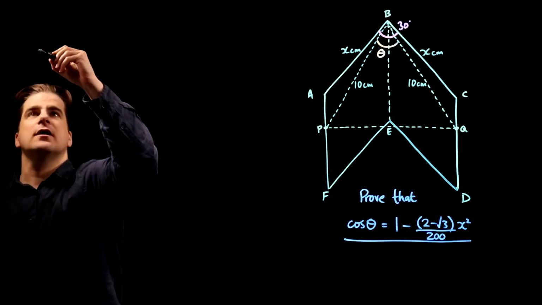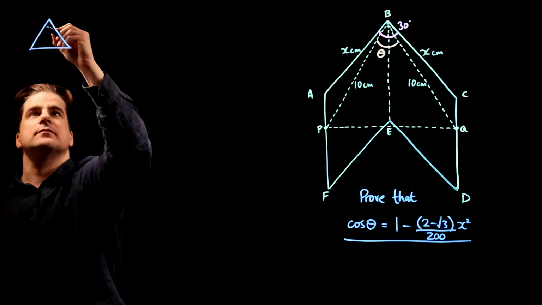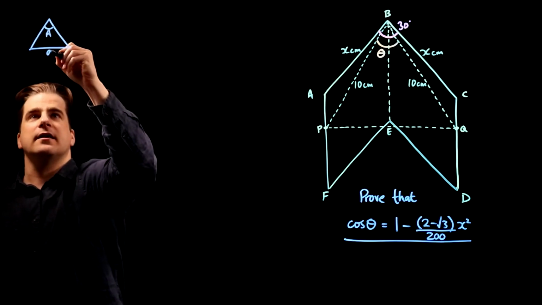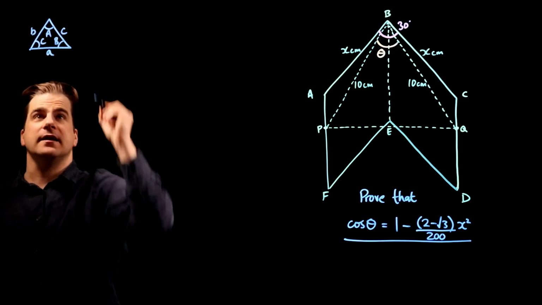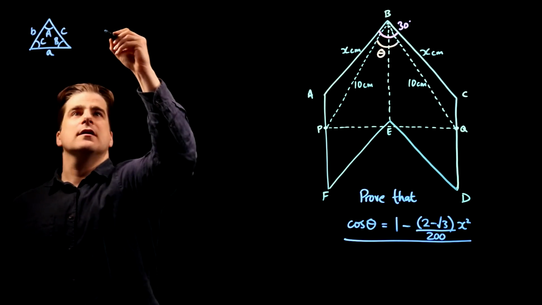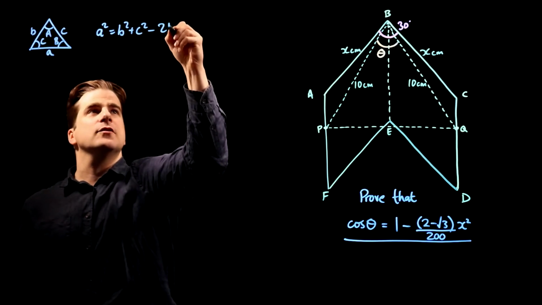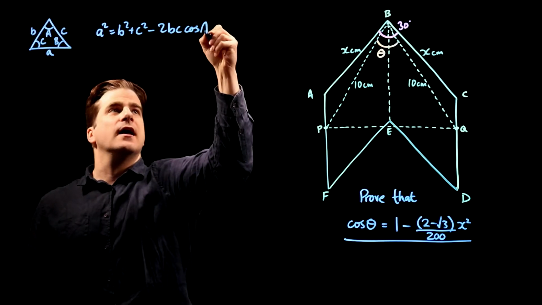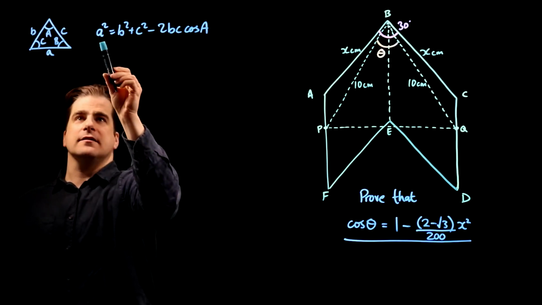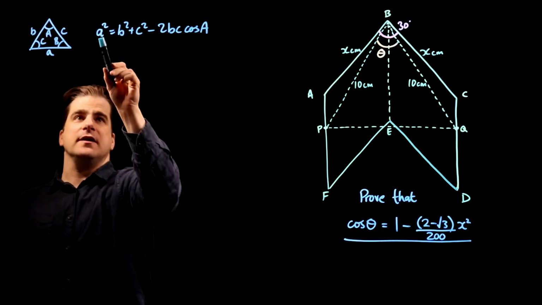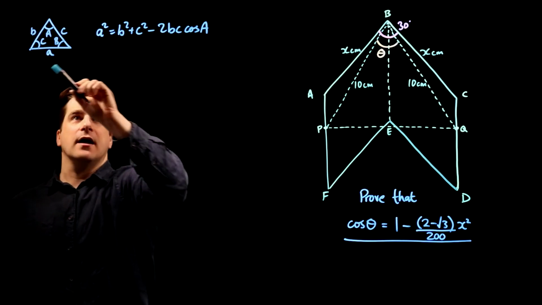So for some triangle, if you have angle A there, side A there, side B there, angle B there, and side C there, angle C there, the cosine rule is A squared is B squared plus C squared minus 2BC cos A. Of course, you can rewrite that with B squared there, so you'd have B squared is A squared plus C squared minus 2AC cos B, and same for C squared.